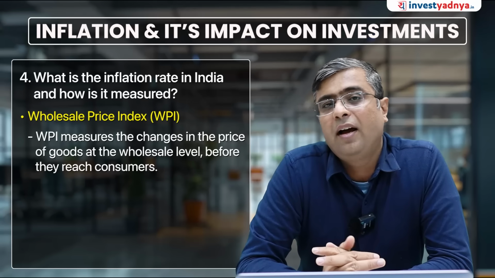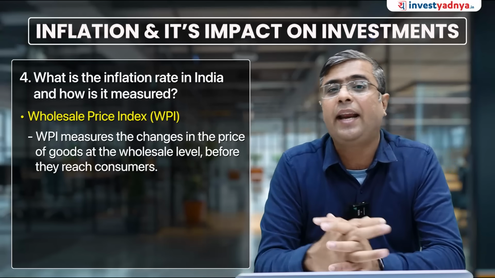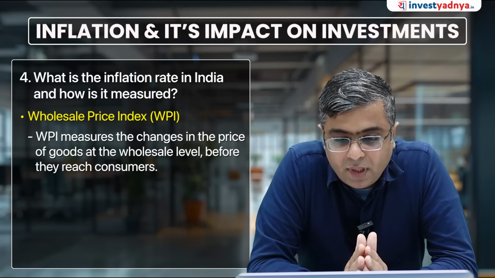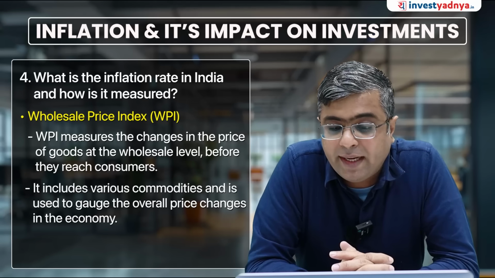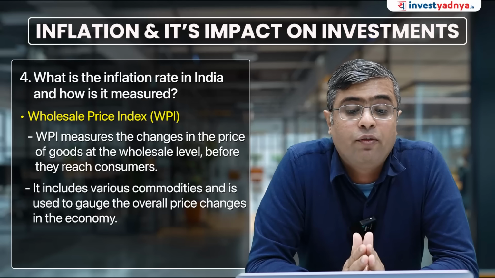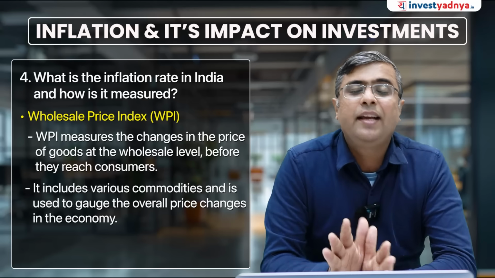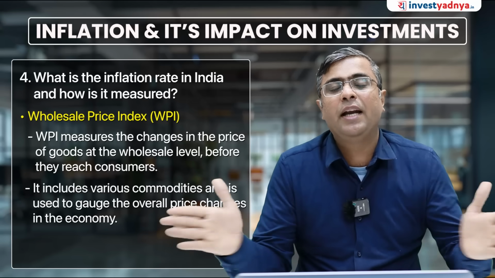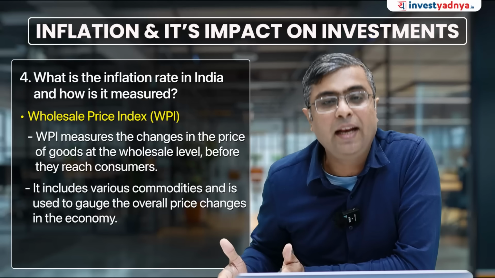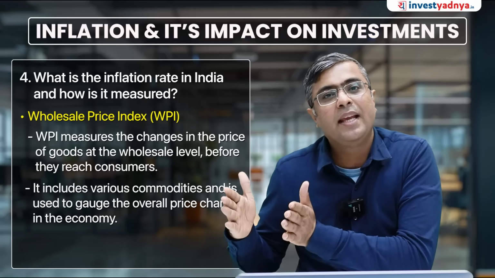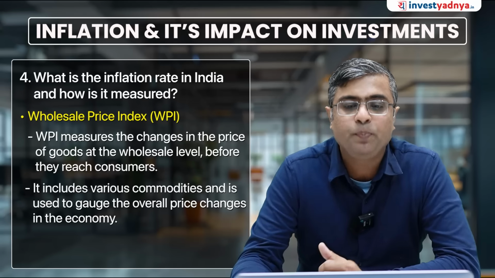Normally there is around 1 to 3 months of lag, and that's when we see the trends following. WPI inflation includes various commodities and is used to gauge the overall price changes in the economy. So the simple difference is that one is retail inflation, that is CPI inflation, and the wholesale price index inflation is the WPI inflation. That's the basic difference between these two inflations.